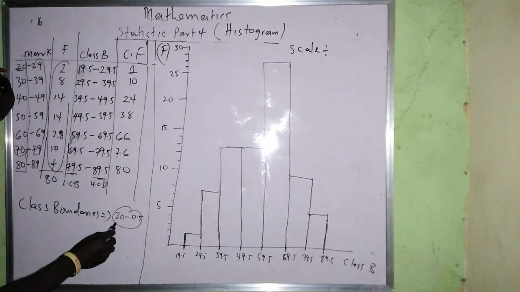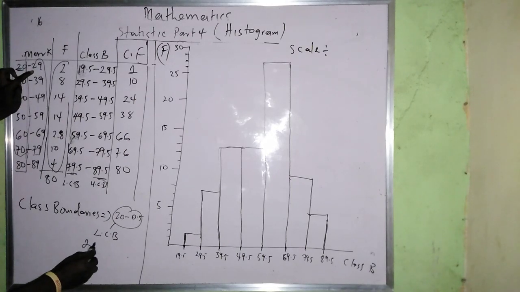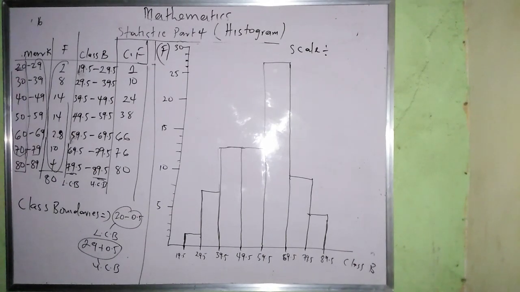This one will generate the lower class boundary. And also, we have 29 plus 0.5. This one will generate the upper class boundary. Please take note of that. That is how, because the class boundary is very, very important.